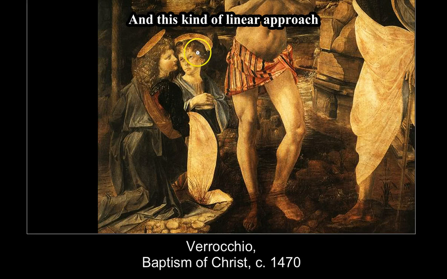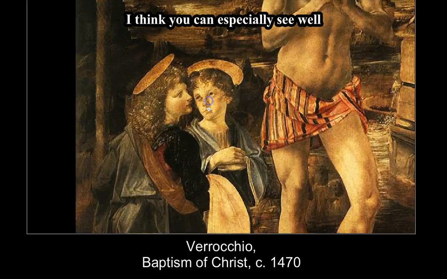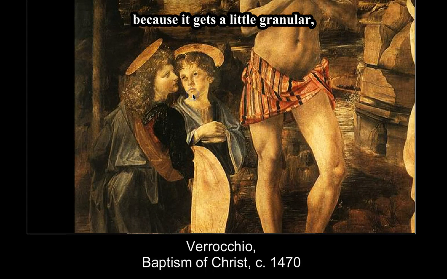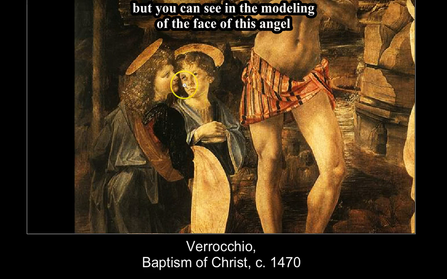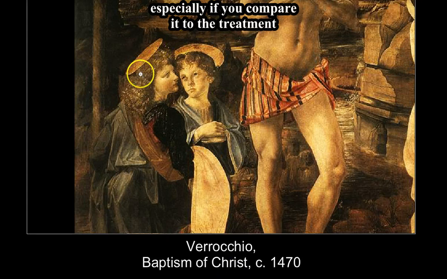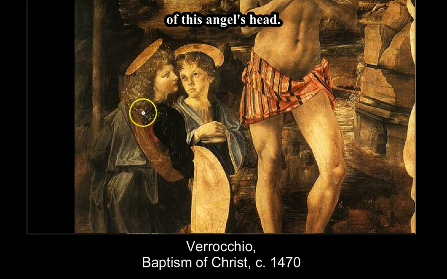This linear approach you can especially see well if you compare the face, and I'll zoom back out a little bit because it gets a little granular. You can see in the modeling of the face of this angel, and even in the treatment of the hair and the coloration of the flesh, it's just kind of stony, sort of lifeless, especially if you compare it to the treatment of this angel's head.